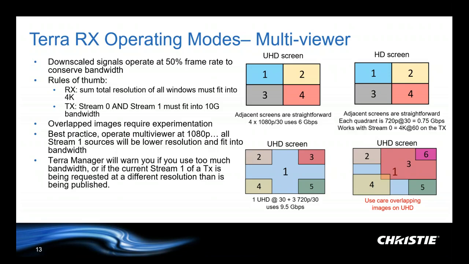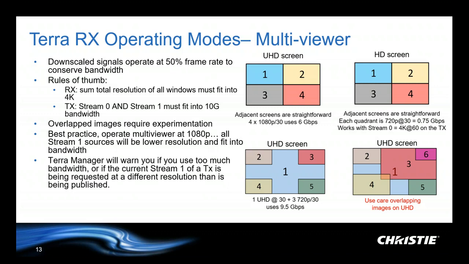Now, on the receiver end, the receivers can display up to 32 sources at the same time, but the sum total of the resolution of all those little windows that you're displaying, in terms of pixels, must fit into 4K.